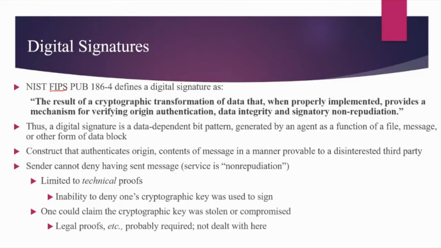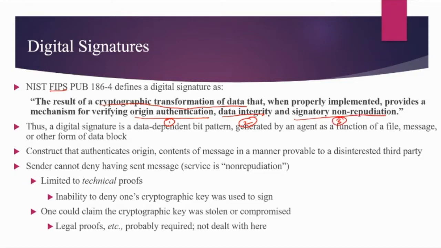According to this particular document, they define digital signature as the result of a cryptographic transformation of data that, when properly implemented, provides a mechanism for verifying origin authentication, one thing, data integrity, the second thing, and signatory non-repudiation.